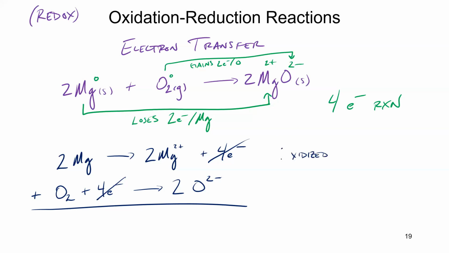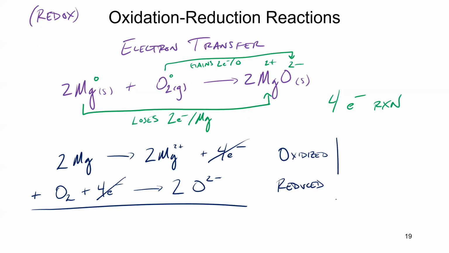Magnesium is oxidized and oxygen is reduced. If we look at the oxygen charge, that one's easier to see. It goes from a 0 charge to a -2. That's lower, right? That's reduced. The oxidized, we don't call it increased, and so that one's a little bit harder to associate. But if we increase our charge, we're being oxidized.